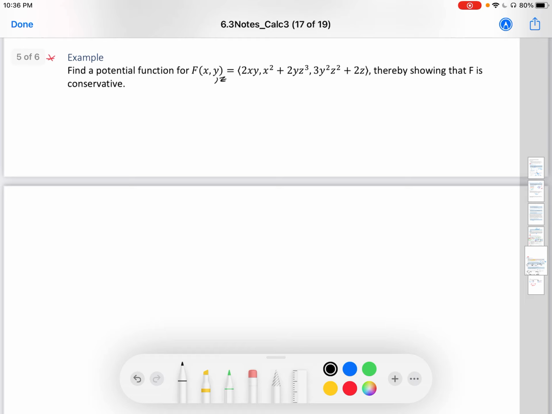All right, let's begin by labeling our first part. So we have f sub x equals 2xy. All right, let's go ahead and integrate in terms of x.